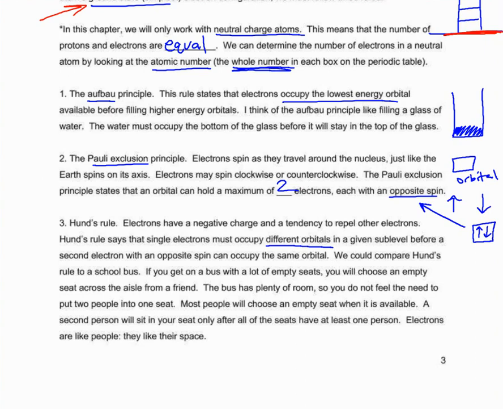So what you find is that about halfway through the bus route, every seat on the bus has one student in it with room for a second. The second person is going to sit in your seat only after all of the seats have at least one person. Same idea with Hund's rule. The electrons will each occupy different orbitals in a sublevel, and they won't double up until they have to.